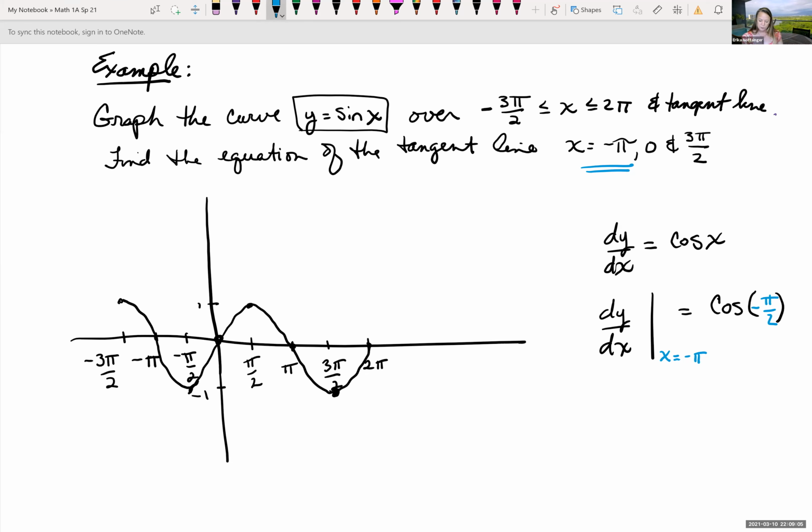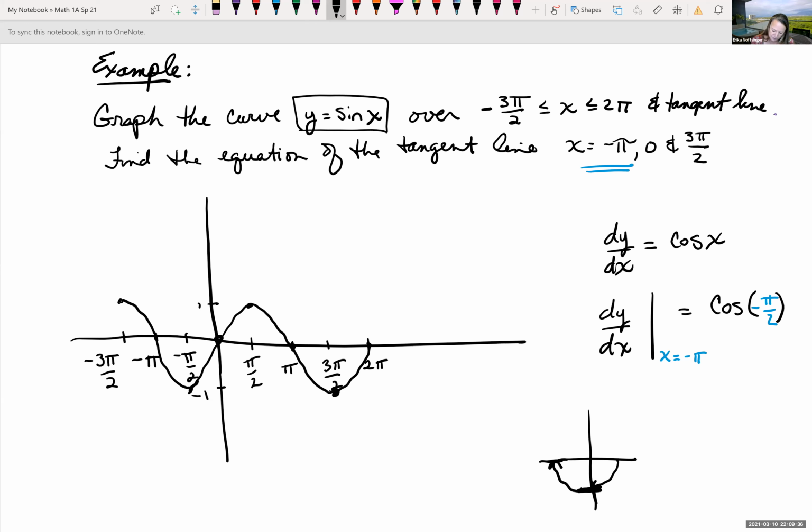A couple ways we can approach evaluating this. We could think of cosine as an even function, so cosine of negative x is the same thing as cosine of x. You can also think of it as looking at your unit circle. Negative pi tells me I'm going clockwise. On the unit circle, cosine is my x value. Oops, I should have said negative pi rather than negative pi halves.